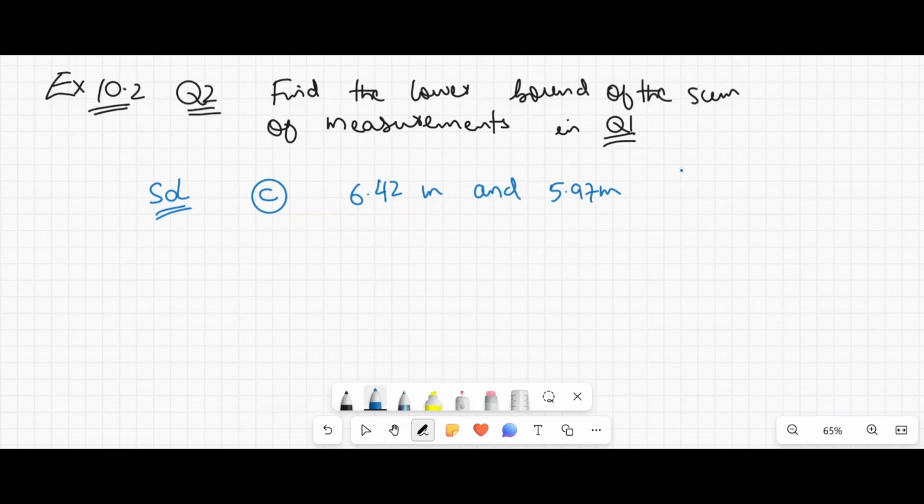The first one is 6.42 meters and the second one is 5.97 meters, both to the nearest centimeter.